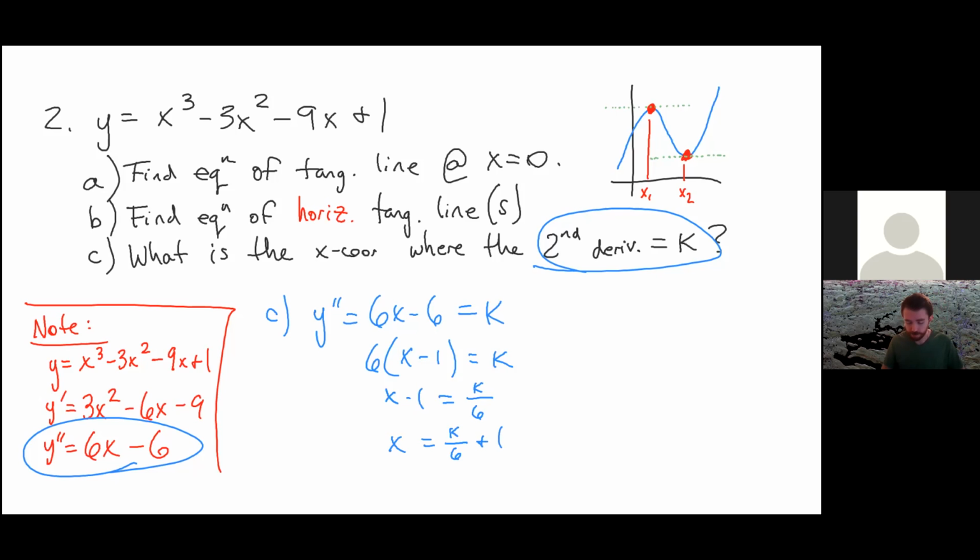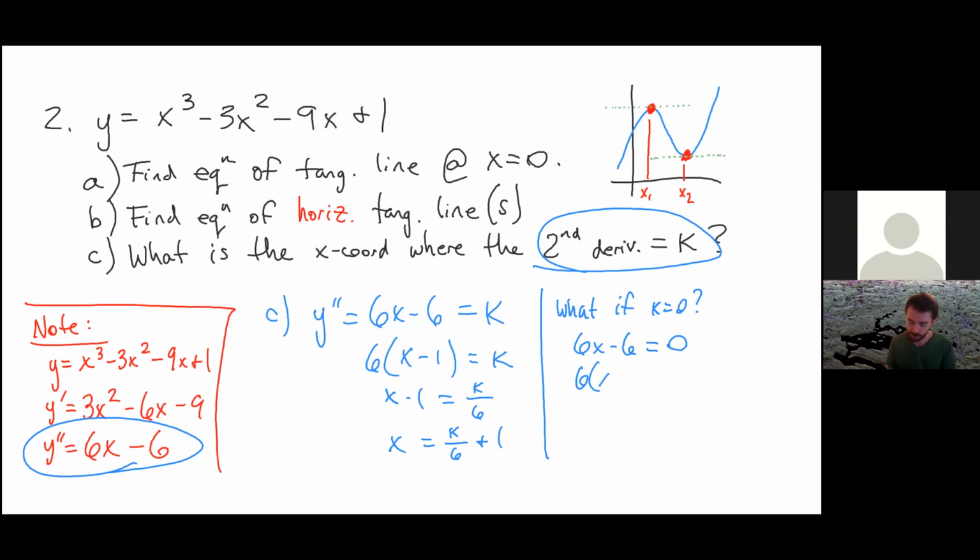Just to see, let's pick a value of k. What if k equaled 0? Would this make sense? Well, I'm asking what is the x coordinate when the second derivative is 0? So I'm asking, when is 6x minus 6 equal to 0?